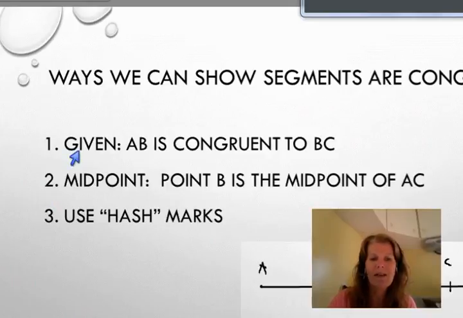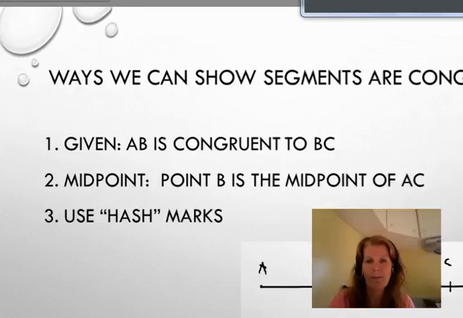It is given to you in the problem. It says AB is congruent to BC, therefore they have the same measure. Way number 2, I could tell you that you have a midpoint. If B is the midpoint, then whatever the measure is on this side has to equal the measure on this side.